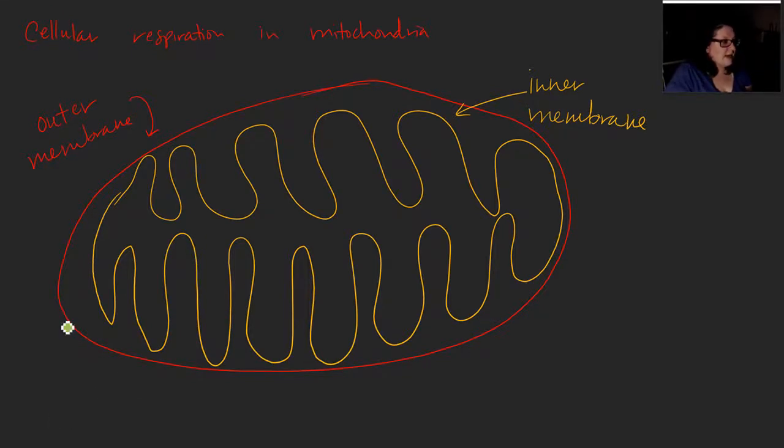And so on the inside here of the membrane, we have this molecule, many copies of an enzyme called ATP synthase. And ATP synthase makes ATP, so for energy. Hooray! We can get energy. It's a good thing.